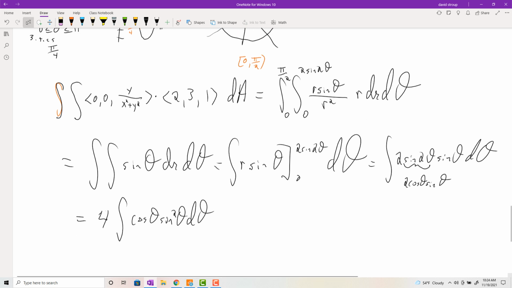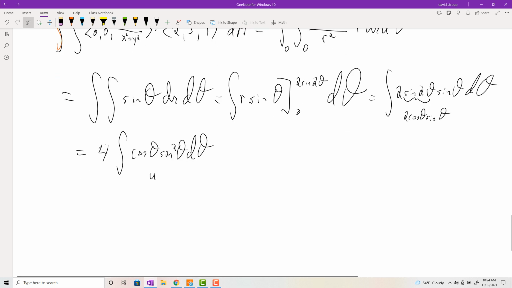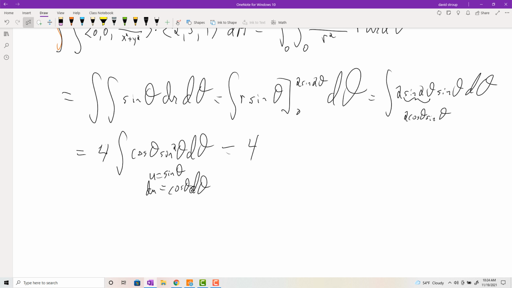And then you could do a u sub for sine. So u equals sine theta, and the differential part will just be cosine theta d theta. And then you'll have 4 times the integral of u squared du. So you'll have 4 times u cubed all over 3 evaluated from 0.